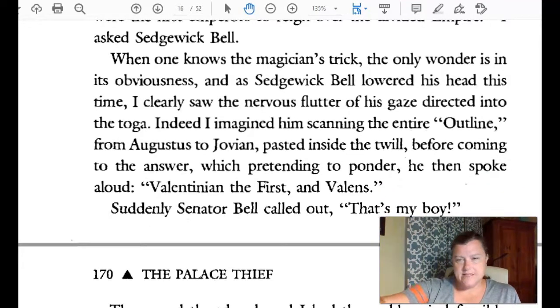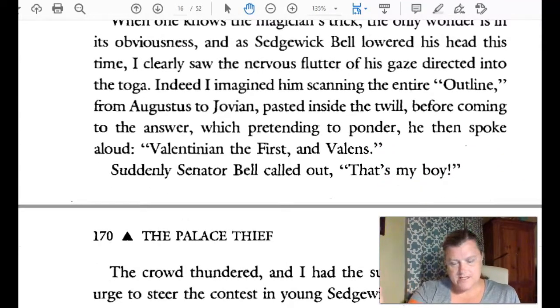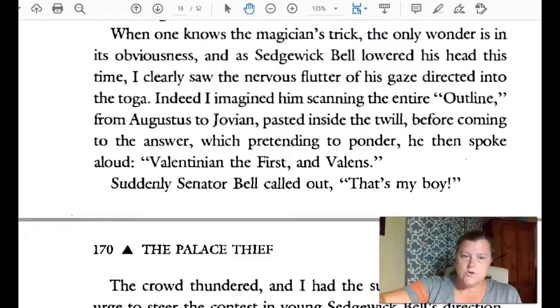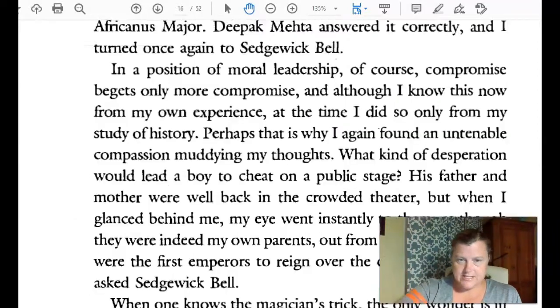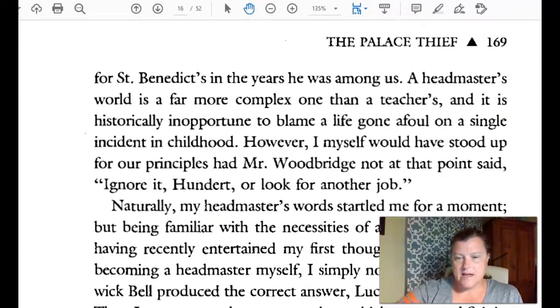And so in the end, Mr. Hundert does make sure that the right person wins and that Cedric is not able to win from cheating. So that's how this section ends. And that's what you read on Monday.